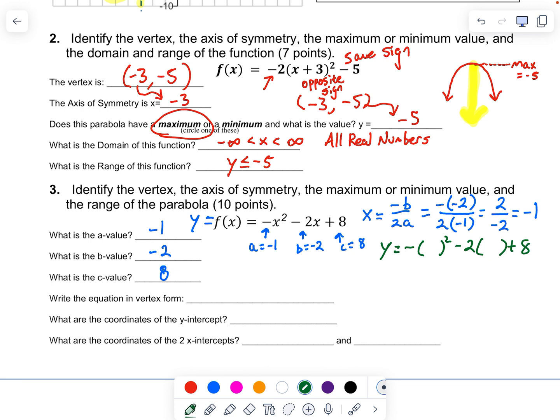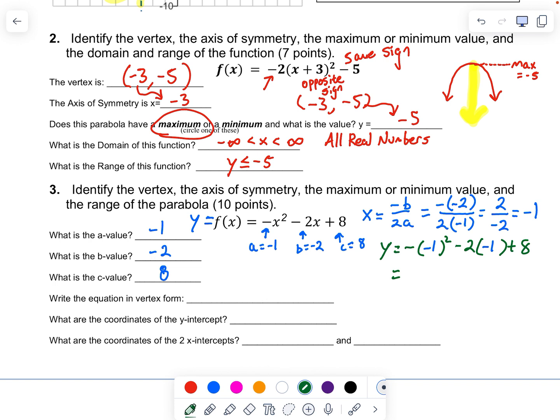Everywhere there's a letter, I just put a set of parentheses, and then in those parentheses, I'm going to put what I am substituting in, the -1. I'm substituting -1 for x. You can just plug this into your calculator, or we could calculate it by hand.